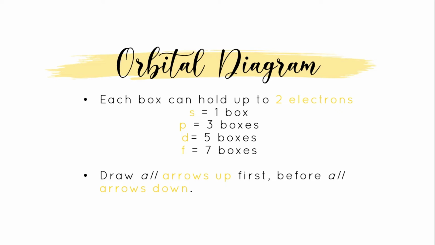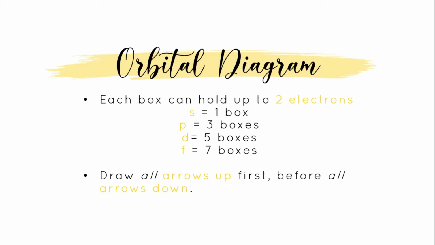If it is dealing with the D subshell, we know that the D subshell can hold a maximum number of 10 electrons. Therefore, 10 divided by 2, we need to draw 5 boxes. If we're dealing with the F subshell, F can hold up to 14 electrons. So 14 divided by 2, we need to draw 7 boxes.